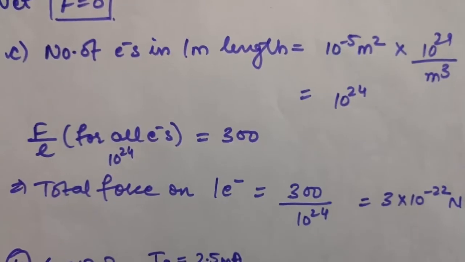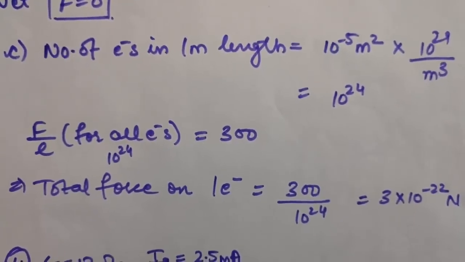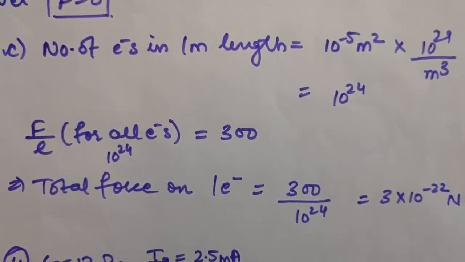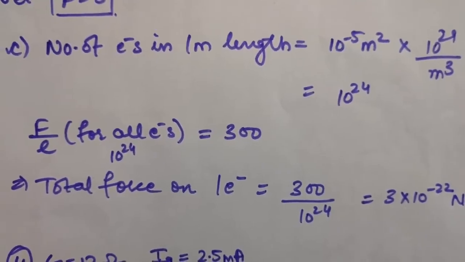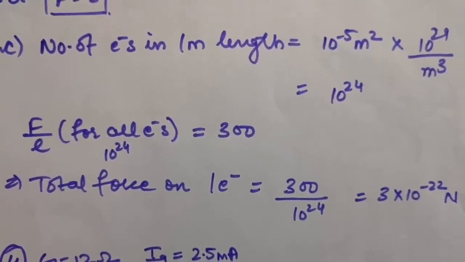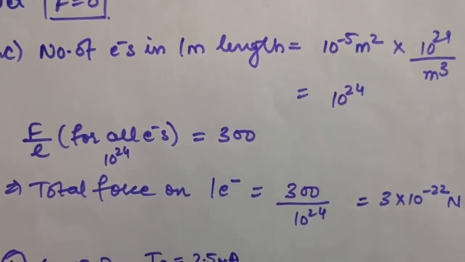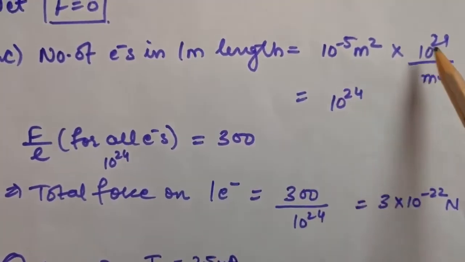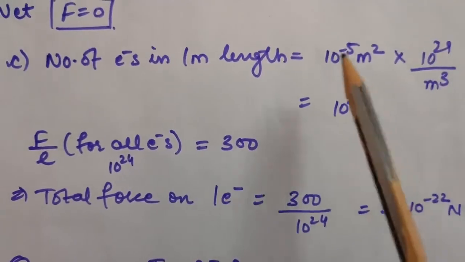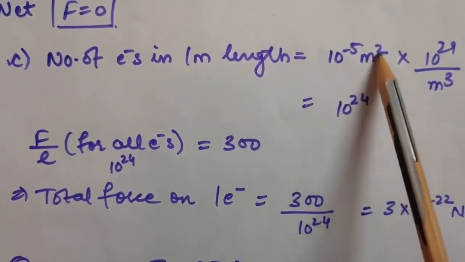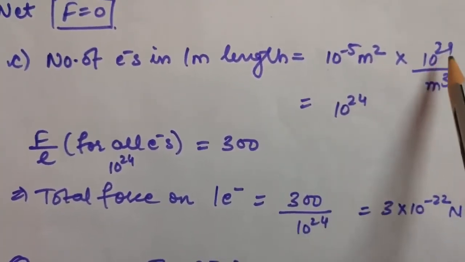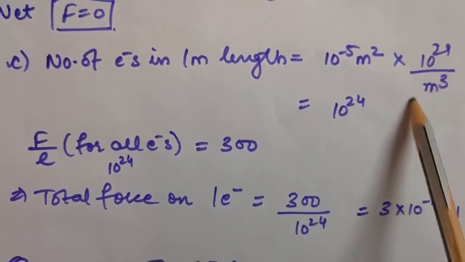Okay, so the third part says, what is the average force on each electron in the coil due to magnetic field? The area of cross section of the wire is given to be 10 to the power minus 5 and free electron density is given to be 10 to the power 29. The area is 10 to the power minus 5 meter square and electron density is electrons per unit volume, right?